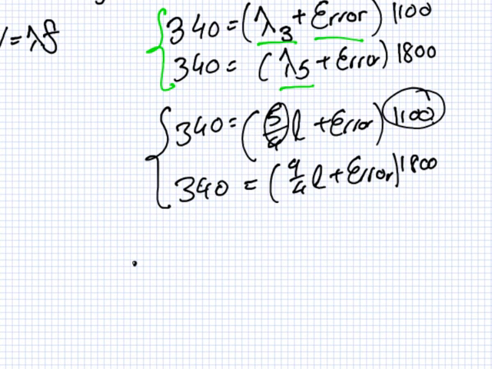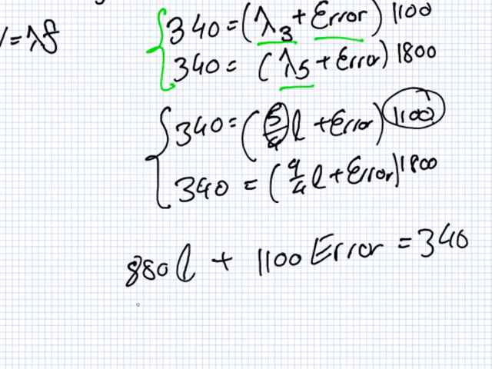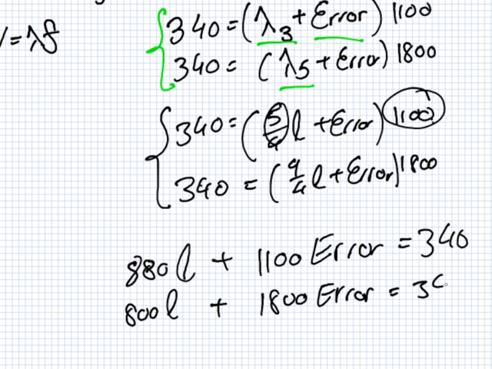Yep. 880. 880 L plus 1100 error equals 340. And then here I got 800 L plus 1800 error equals 340.